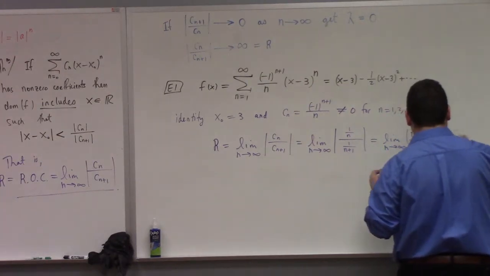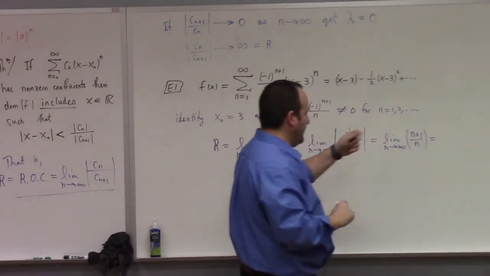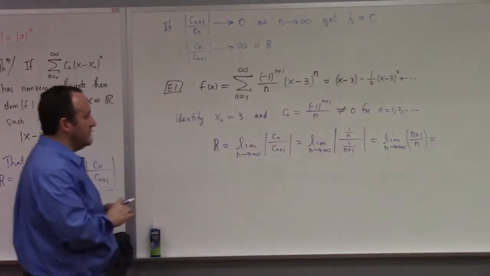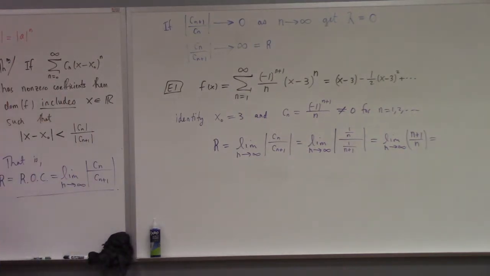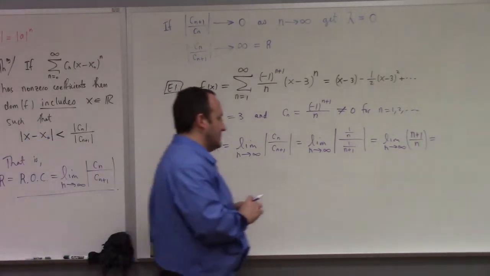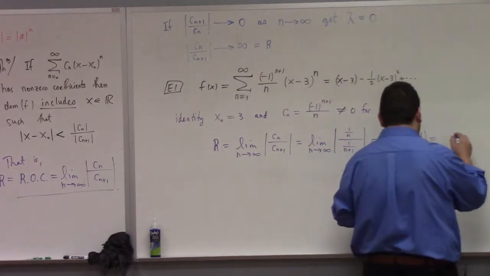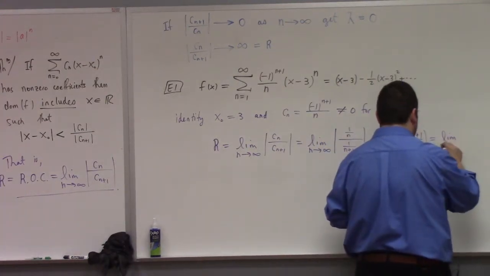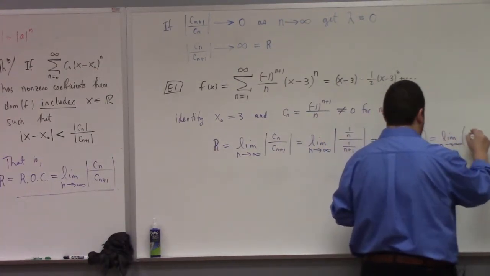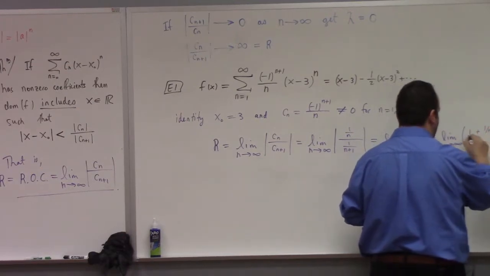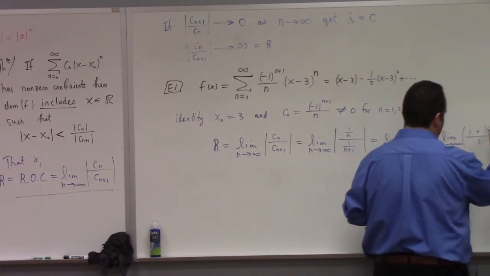Actually, I honestly don't care if you show details at this point. In this course, at this juncture, if you tell me that that limit is 1, I'm fine with that. I don't think we need to show details on this limit. Do you? No? Okay.